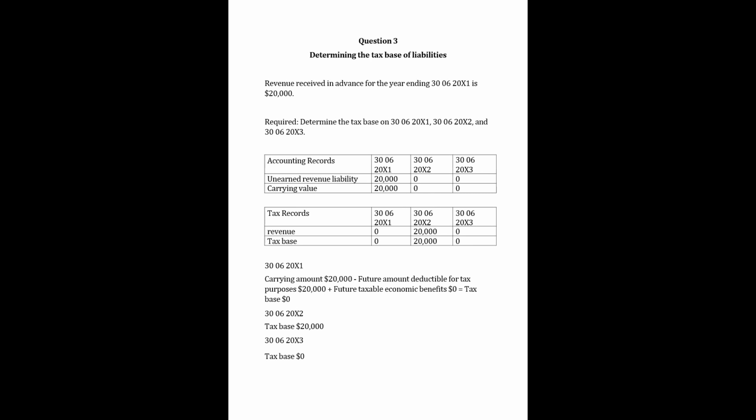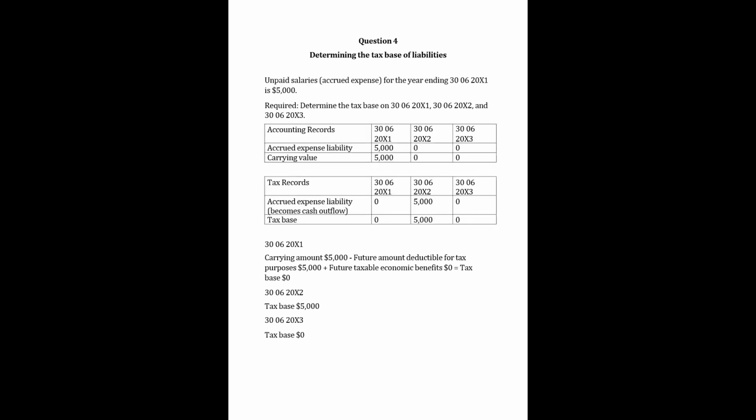Therefore, the tax base through that equation is 0, which we can see in the tax record table. Looking at that table, we can determine the tax base for X2 year, which is 20,000, and for X3 year, it is 0.